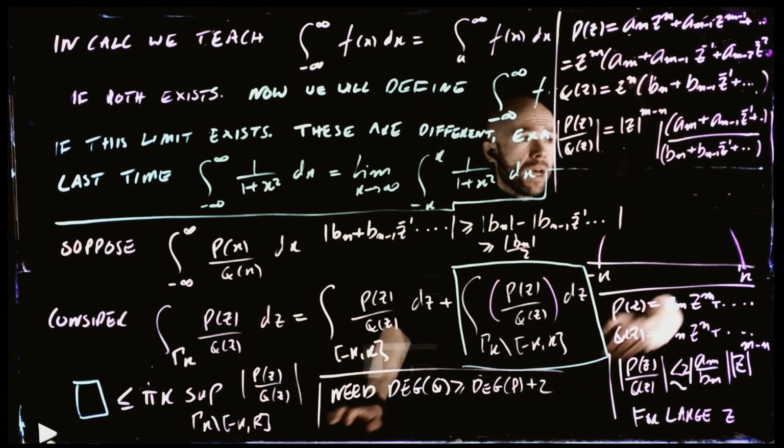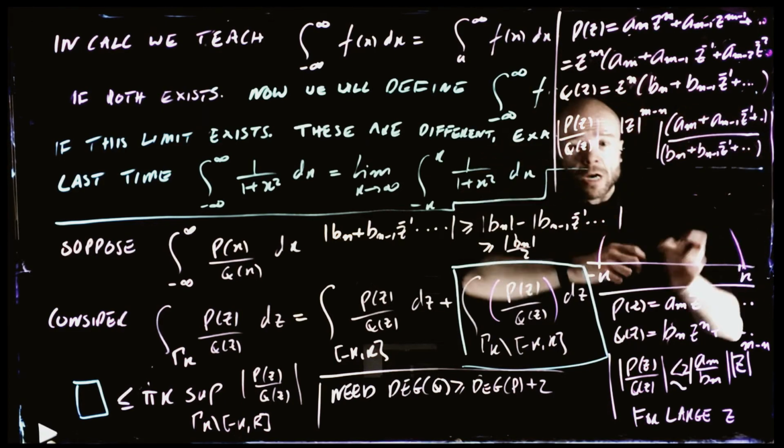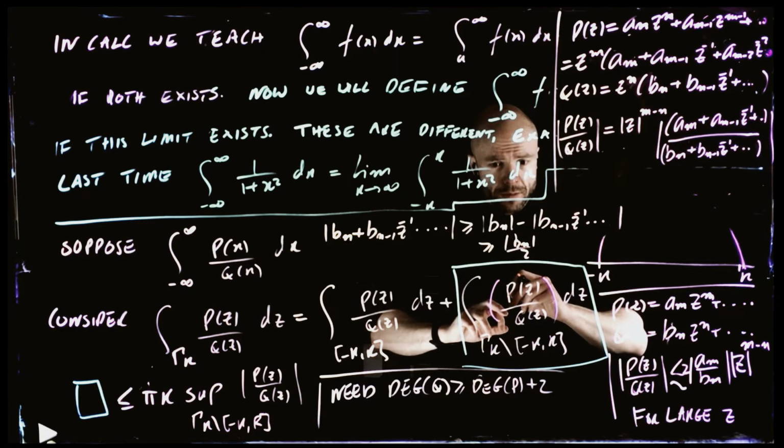Okay, so we have that the top is less than twice the absolute value of am, and the bottom is at least bn over 2, for all large enough z.